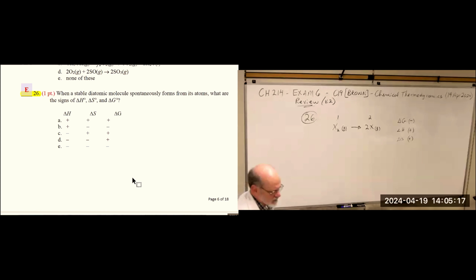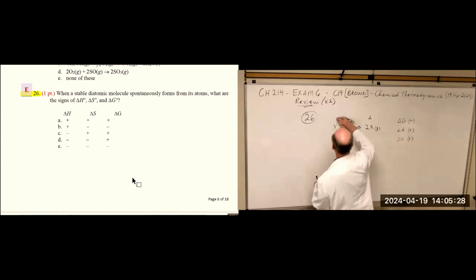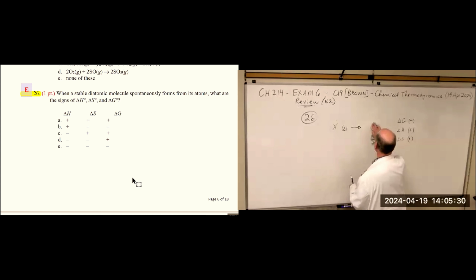Oh, wait a minute. I got it backwards. A stable diatomic forms from its atoms. The reasoning is right. I just set it up wrong. This is the way the problem is given to us.